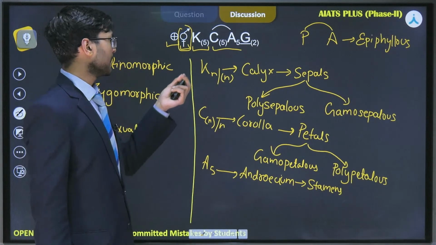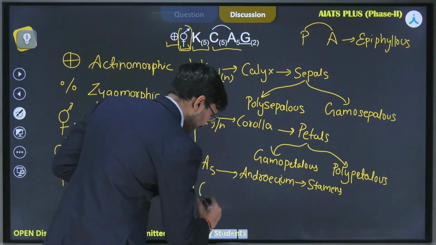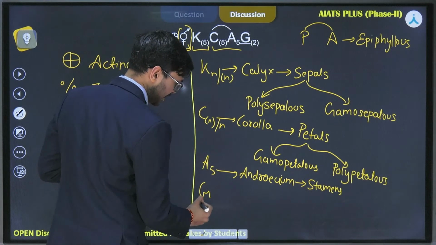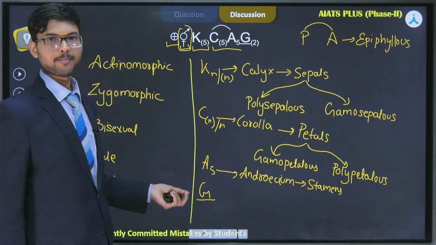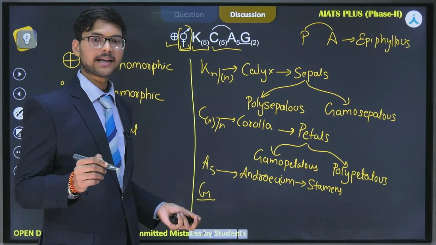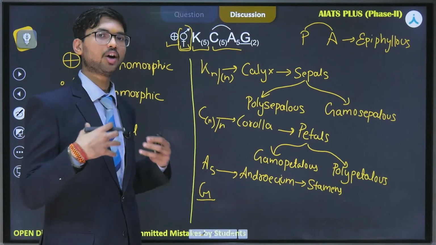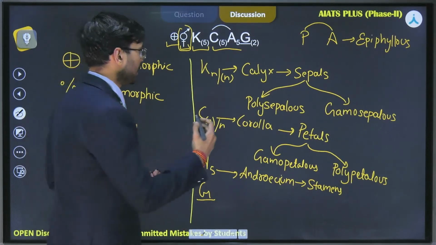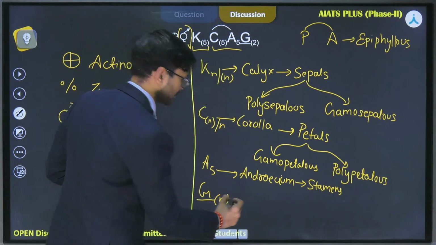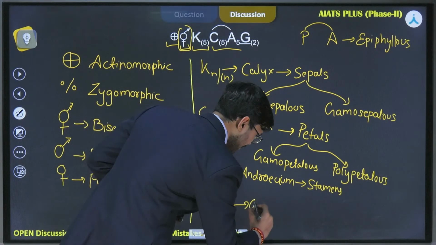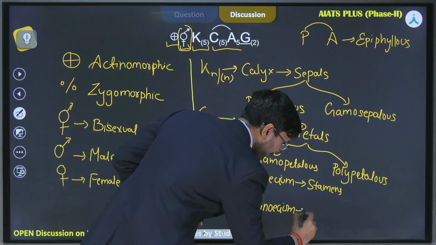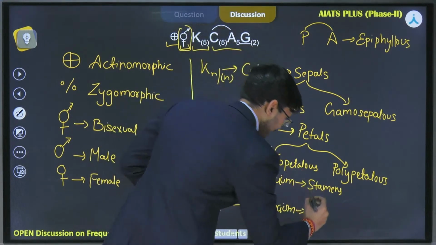Okay. Now you will see the gynoecium here, which is represented in the form of G. Okay. And you will see the underline here. This underline represents that the other floral parts are present below the gynoecium. That means the flower is a hypogynous flower, or the gynoecium is superior. Okay. And the condition here is fused. That means it is syncarpous condition. So it represents the gynoecium, and it can be fused.